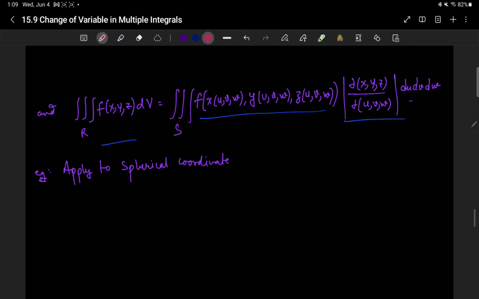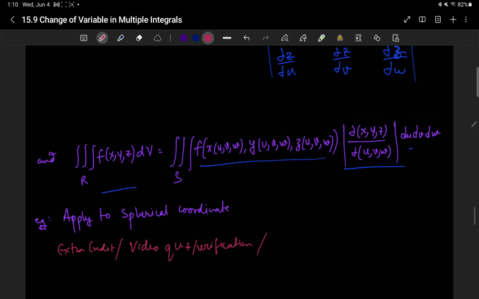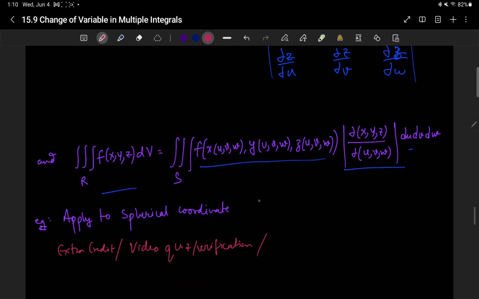Applying this to spherical coordinates is going to be assigned as an extra credit video verification, video quiz verification, etc., which is just to make sure you're watching the videos. Apply this to spherical coordinates where you have the relation between x, y, and z in the spherical terms.